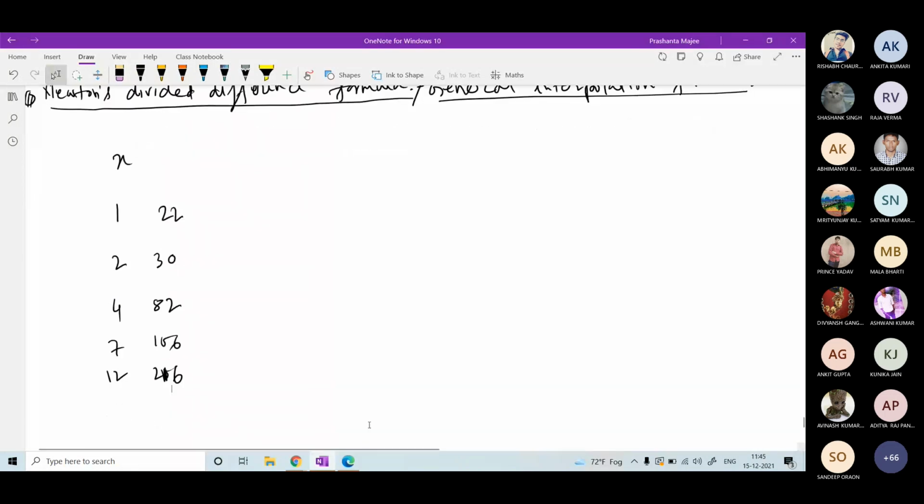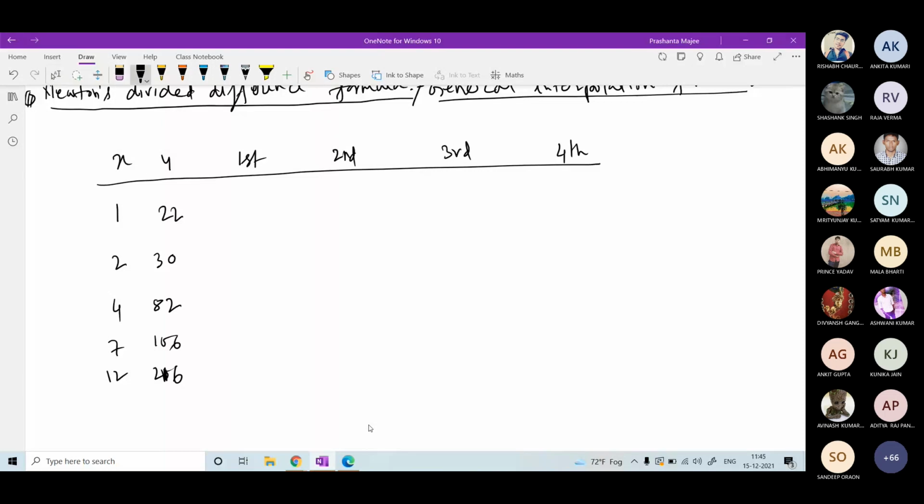Okay, so this is the output, first order divided difference, second order divided difference, third order divided difference, fourth order divided difference. You will have to tell the values. That will be better.